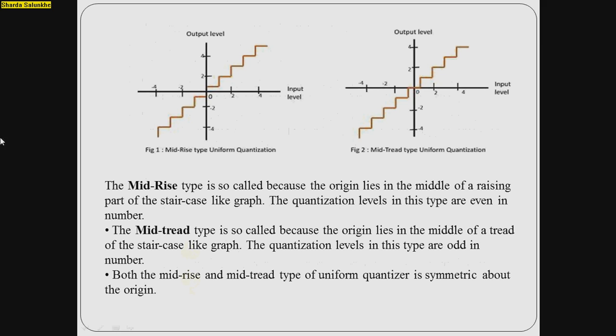So these are the two types of uniform quantization: the mid-rise type and the mid-tread type.